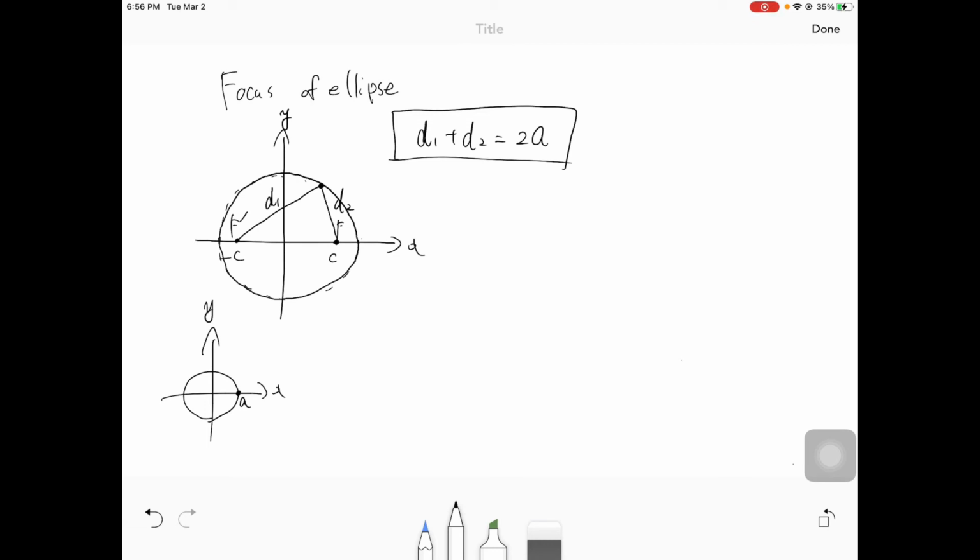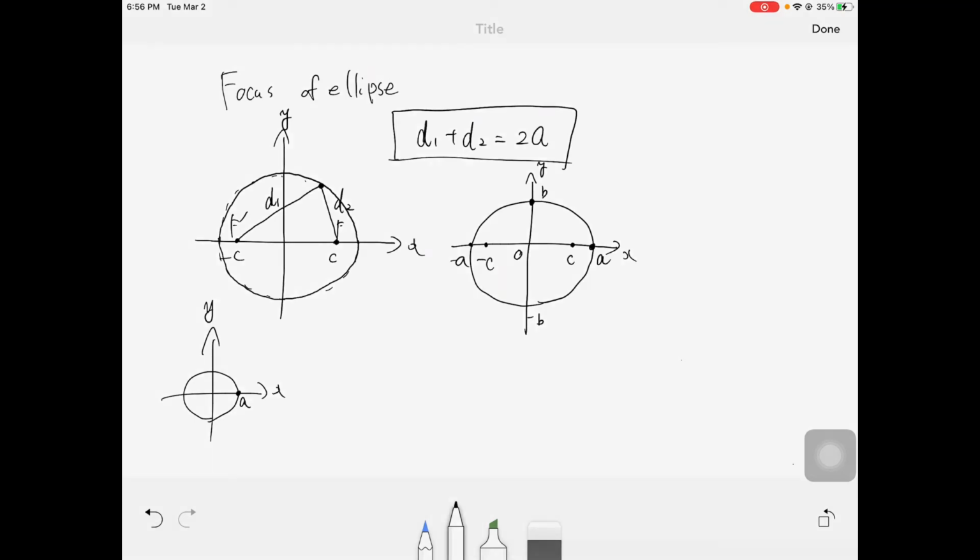Okay. But how do you find the value of focus? I mean, how do you find the c value? Let me explain about it. So again, let me sketch the ellipse here. Y, x, 0, and the x values of the x-intercepts are a and negative a, and the y values of the y-intercepts are b and negative b, and the value of the foci is c and negative c.